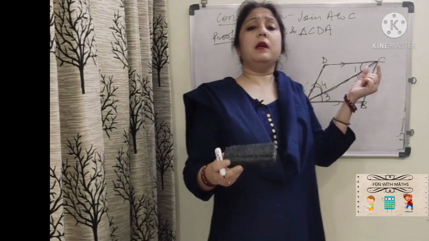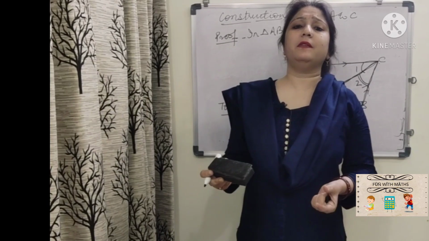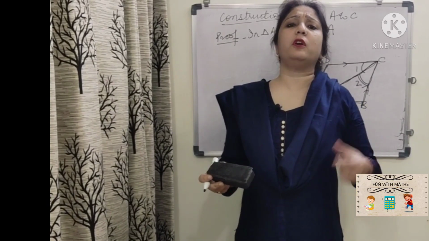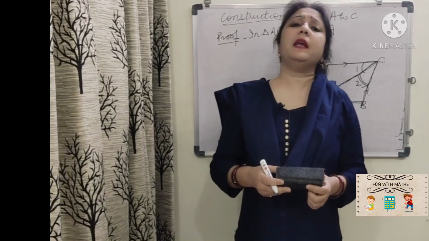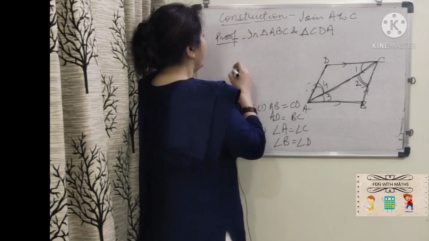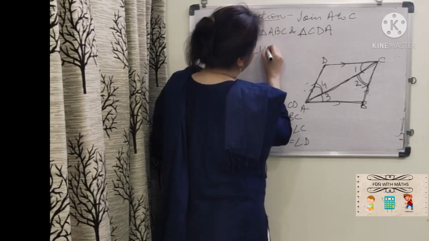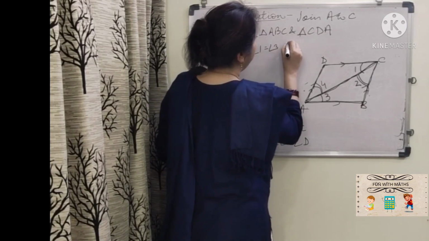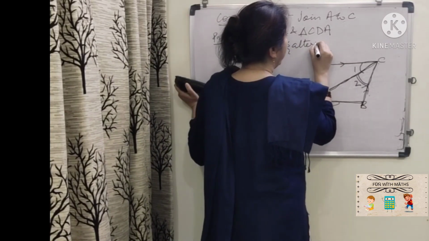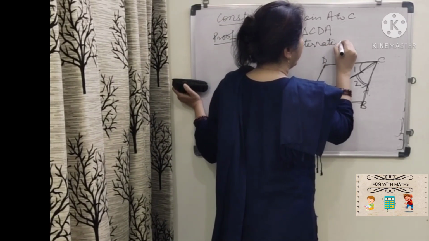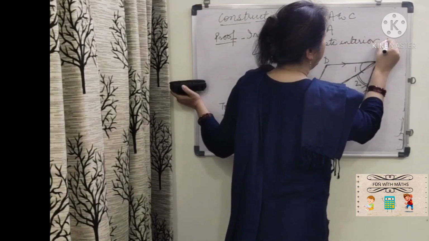Children, when you number the angles, it becomes easy to write them. Instead of writing the full name of the angle, we are using 3 alphabets. So we will begin with angle 1 is equal to angle 3, alternate interior angles.